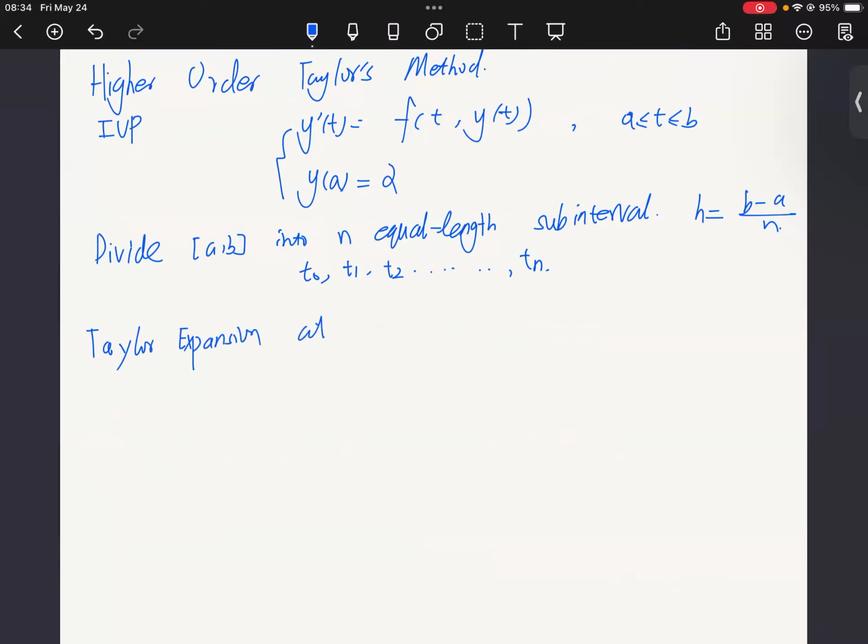at the point t_{i+1}, around the point t_i.